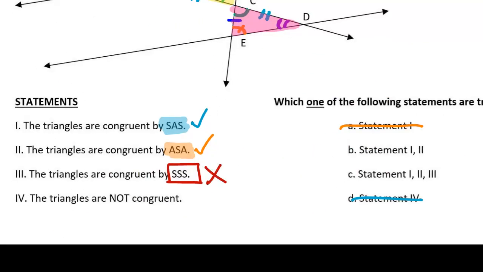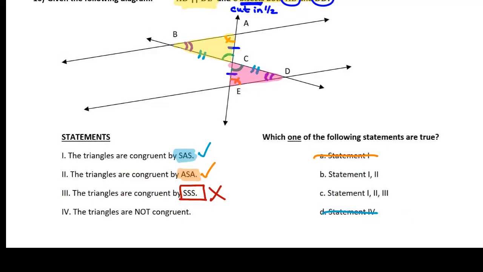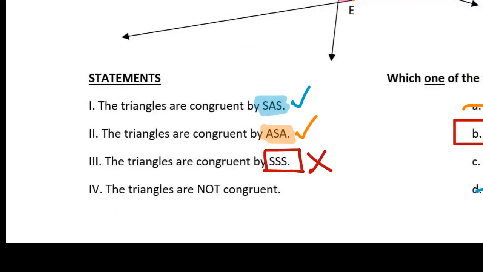So I cannot use this. So which one is the correct answer? B. B is the correct answer because we can't do statement 3. Statement 3 is not correct. And statement 4 says the triangles are not congruent, which is not true at all.